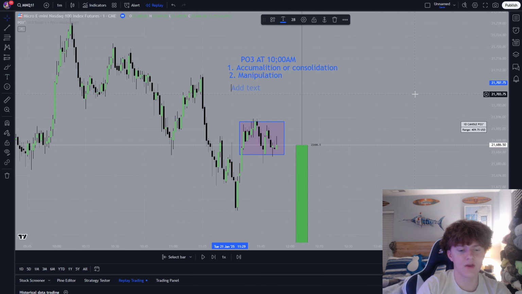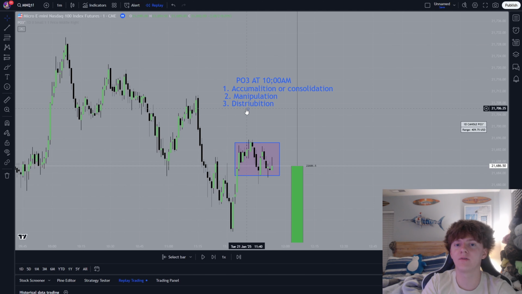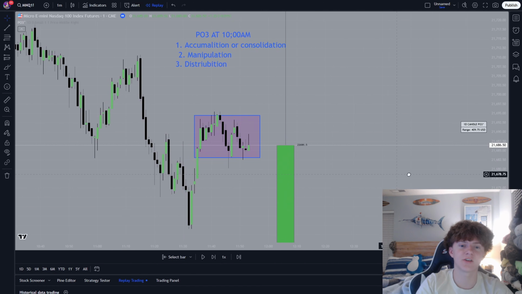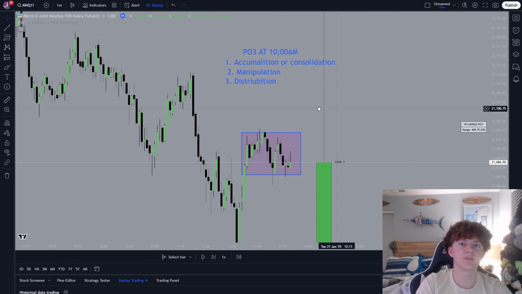And then our third step, obviously our final step, is our distribution. I probably have misspelled all of those, but it's fine because I'm a day trader. So we have our accumulation or consolidation, we have our manipulation, and we also have our distribution.